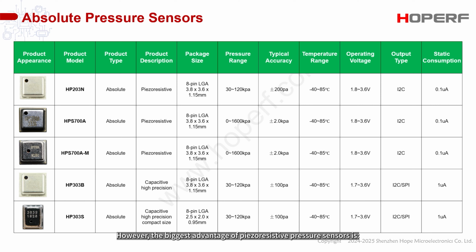However, the biggest advantage of piezo-resistive pressure sensors is their measurement range is wider, covering a broader range of pressures. In many application scenarios that require a larger pressure range, piezo-resistive pressure sensors are a better choice. All pressure sensors support the I2C digital communication interface.